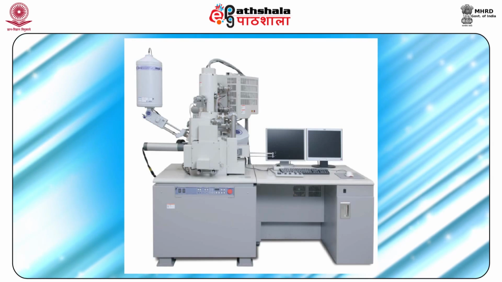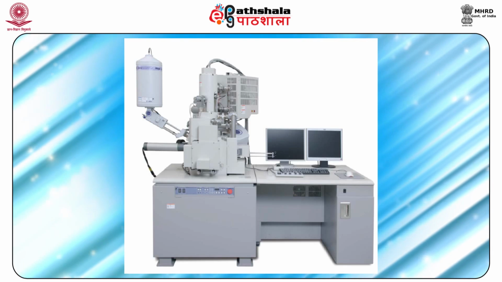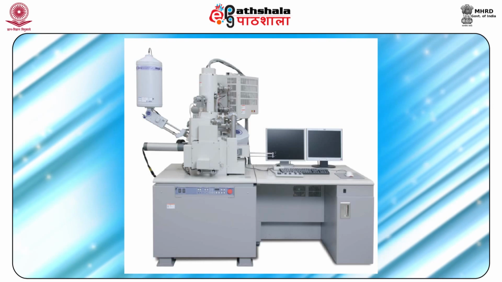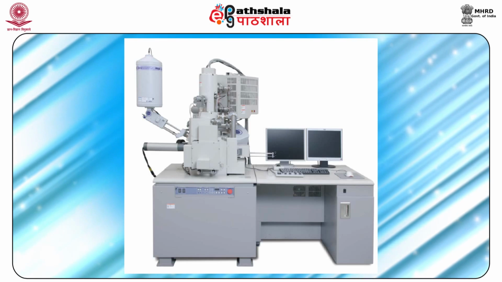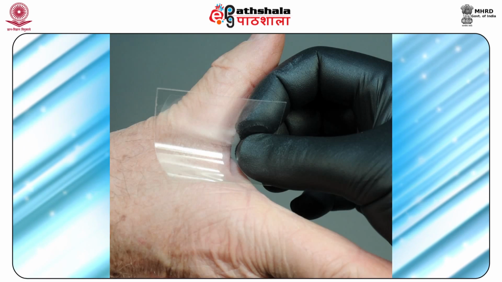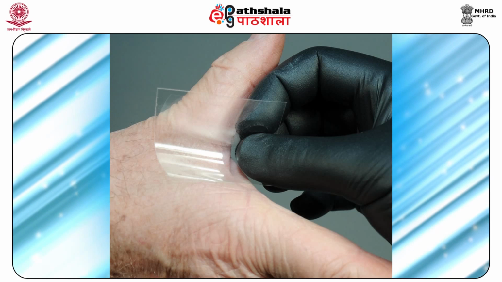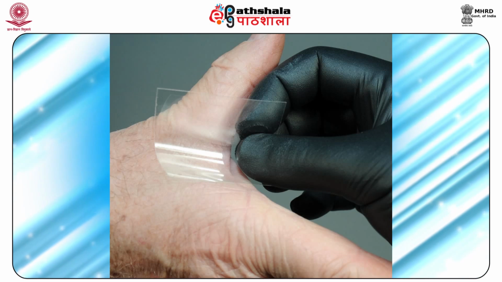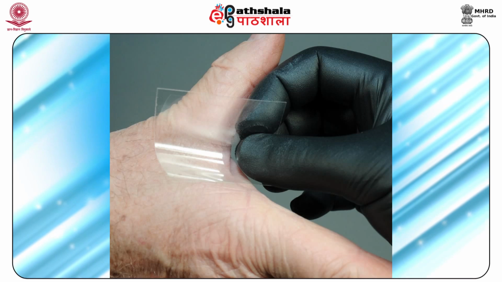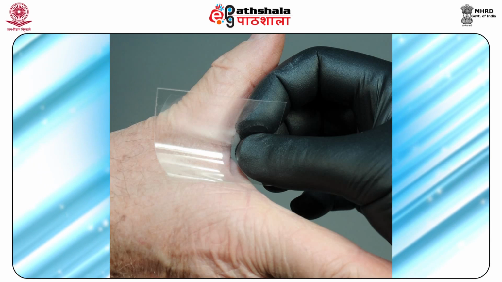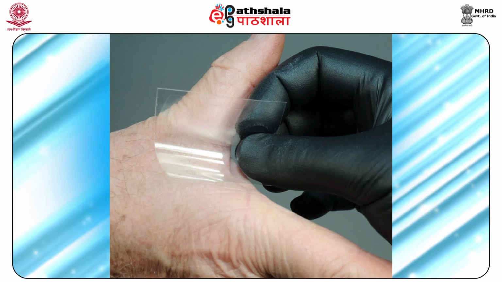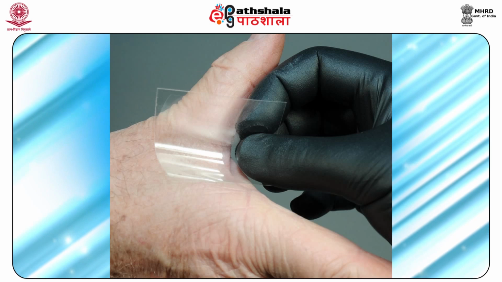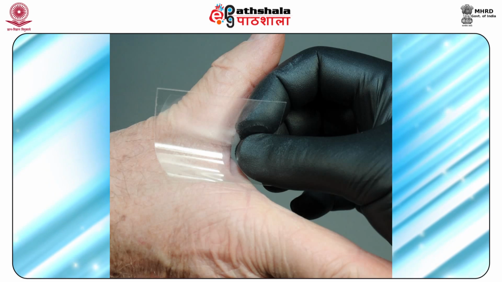Scanning electron microscope or SEM coupled with an energy dispersive spectrometer or EDS is used to examine tape lifts taken from the hands of suspected shooters. If elements like barium, antimony, and lead are found in the sample, it is classified as primer residue.